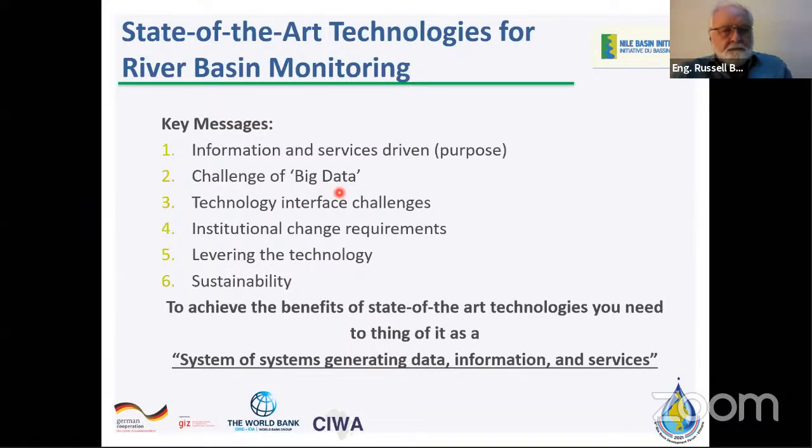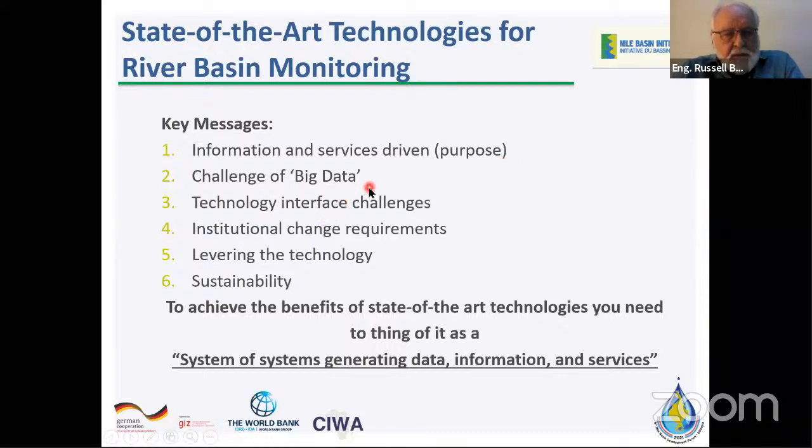Some of the other key messages and series that support that proper deployment that we'll be talking about is the purpose of using technologies and deploying these technologies, which are really information and service driven. And we heard a lot about that yesterday and the importance of it and how it adds to the sustainability and the direction of a monitoring program.